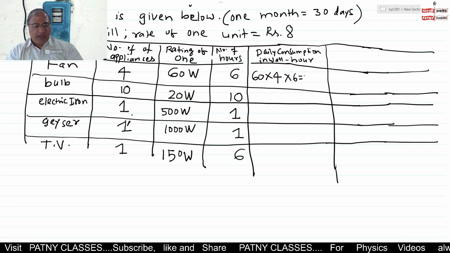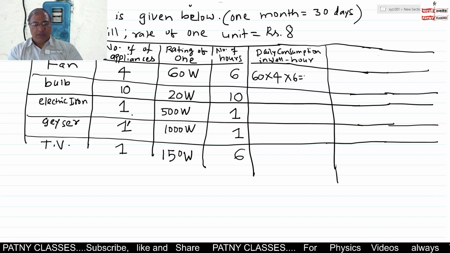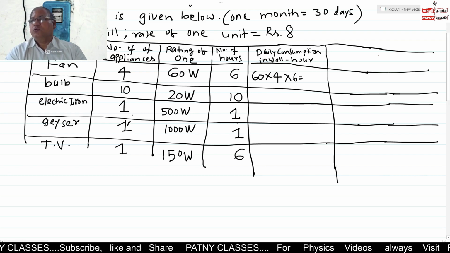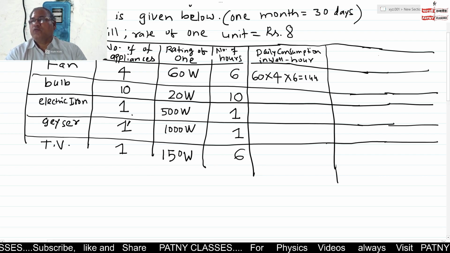See the calculator, 60 into 4 into 6 equals 1440.